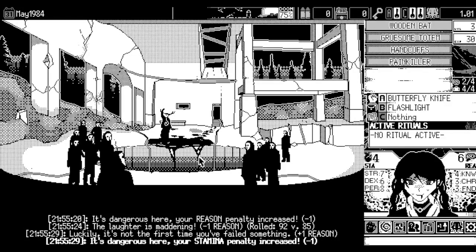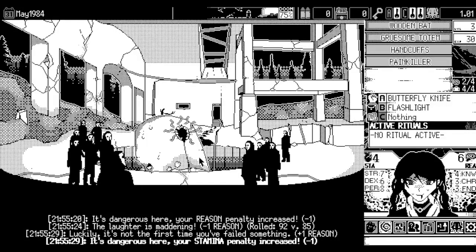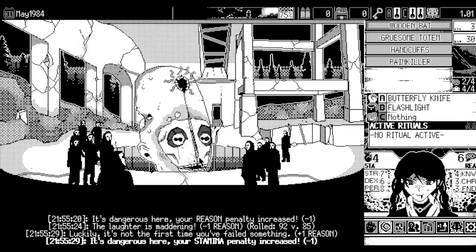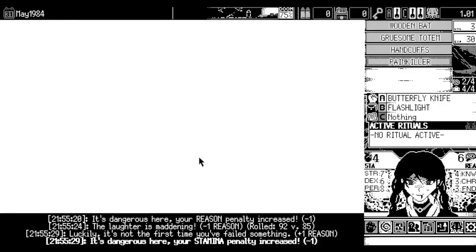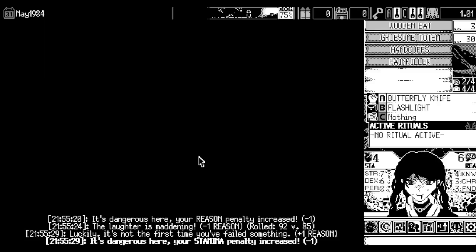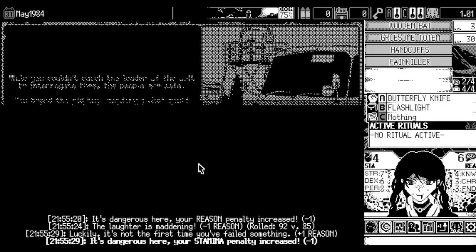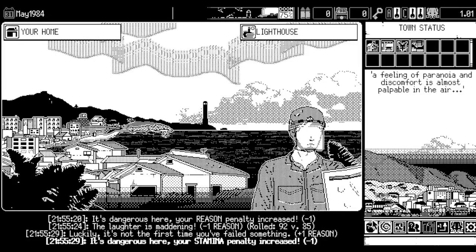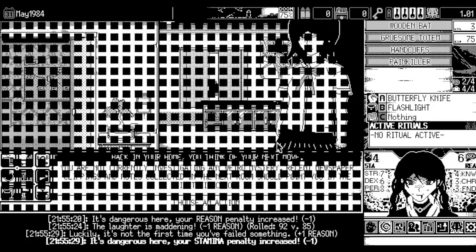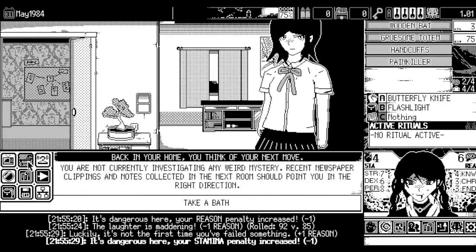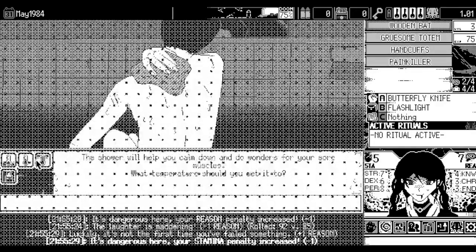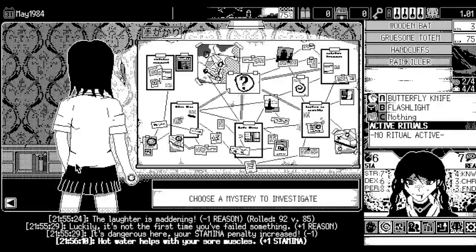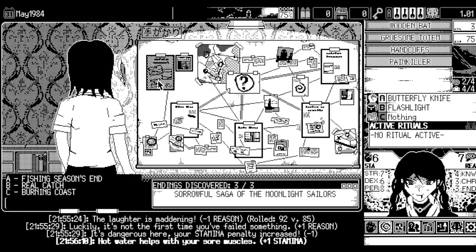Another way to mention this is that if I do 10 runs, and I swear I'm not mentioning this number for any specific reason, I literally just thought of the number 10. But if you do, let's just say, 100 runs of No Shackle, and out of those 100 runs, you have like 7 runs where you have 7+ stacks of technical difficulties and lose, I don't know, 18 reason overall due to No Shackle. I still think that's better than, and these are all Harbinger runs, mind you, 100 Harbinger runs without No Shackle, where you fail like 80 to 90% of your event checks, which is very, very bad, by the way.